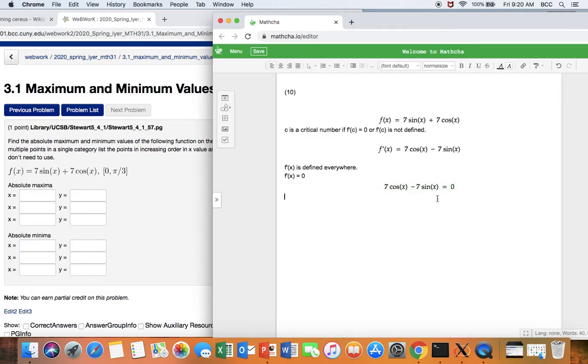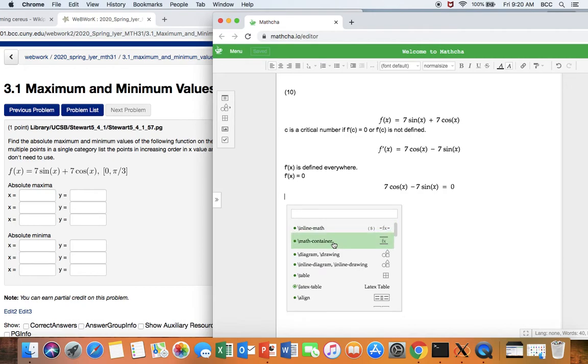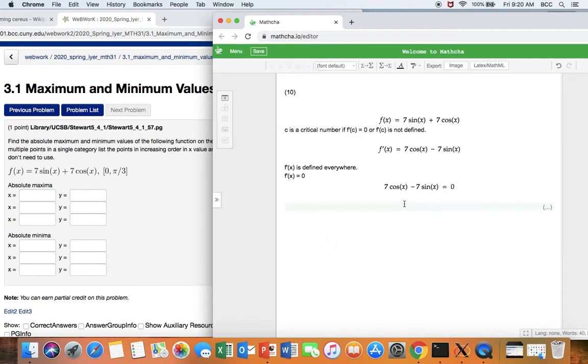What does that mean? Why don't we divide throughout by 7? So you get cosine x minus sine x equals 0. I divided by 7 throughout, and this is what I have.